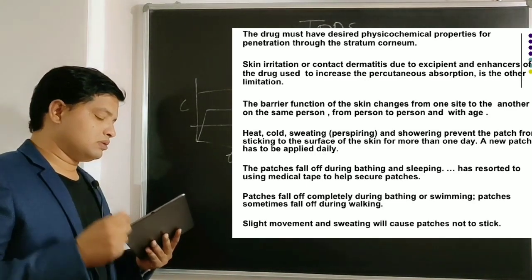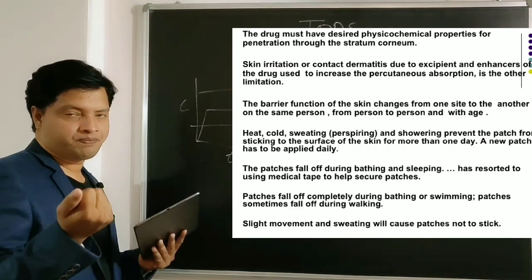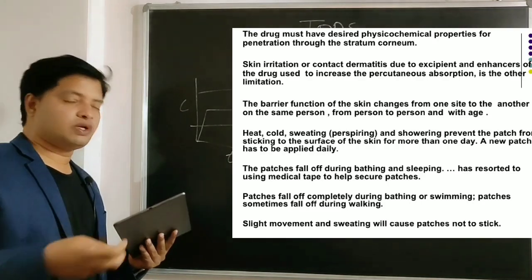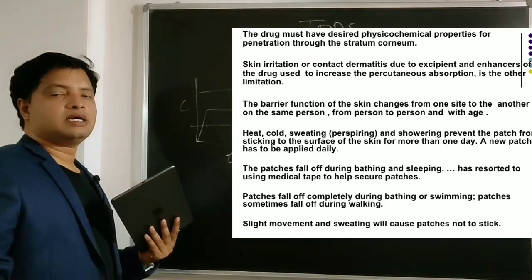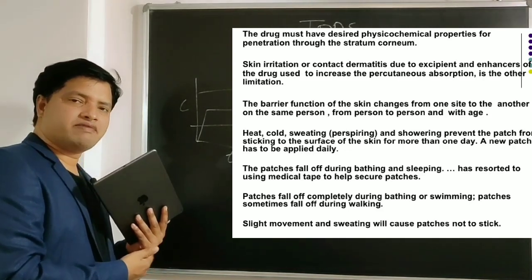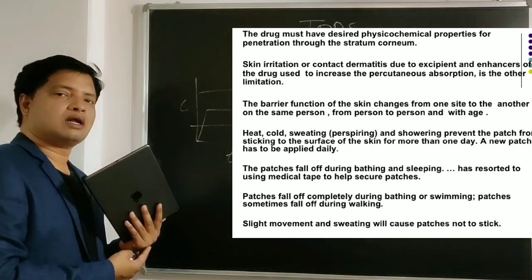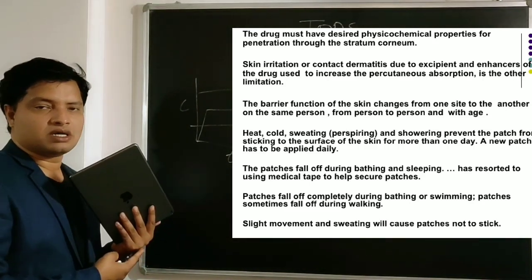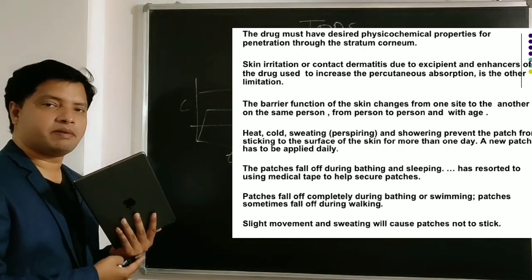Then skin is a barrier for the permeation of the drug. It will vary from person to person and with age. So skin structure and skin barrier will vary, the thickness of the skin and what are all the barriers available in the skin for the drug to permeate.